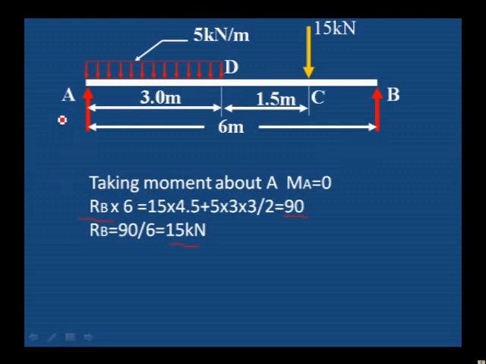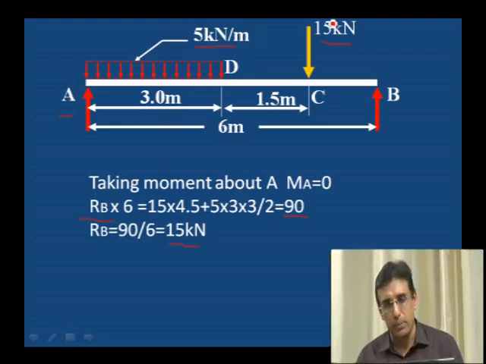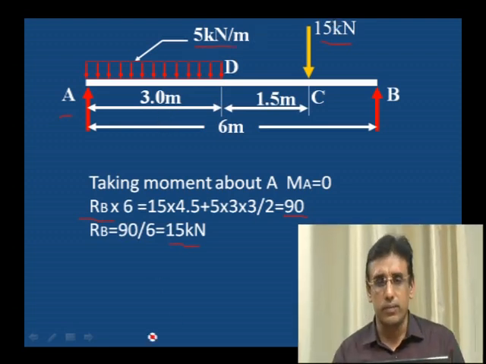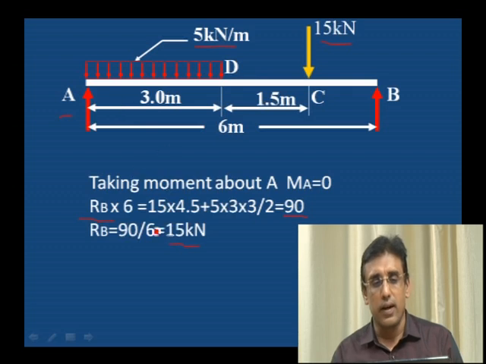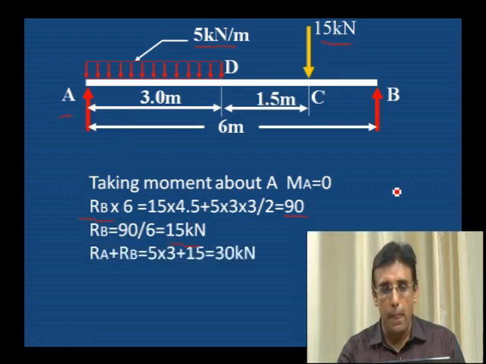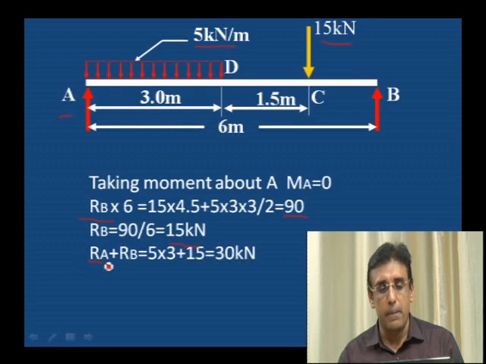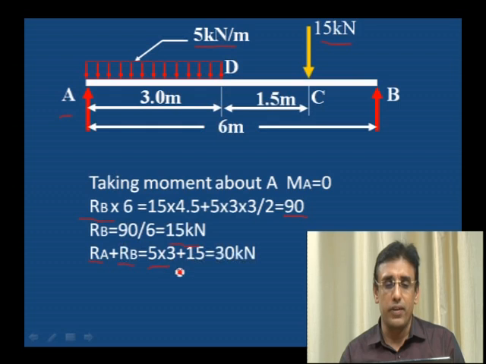To calculate RA, the downward forces are one load of 15 kilonewton, and another load of 5 kilonewton per meter into 3, that is 15 kilonewton. Therefore, 30 kilonewton is the total downward load, and the upward load RA plus RB must be equal to it.